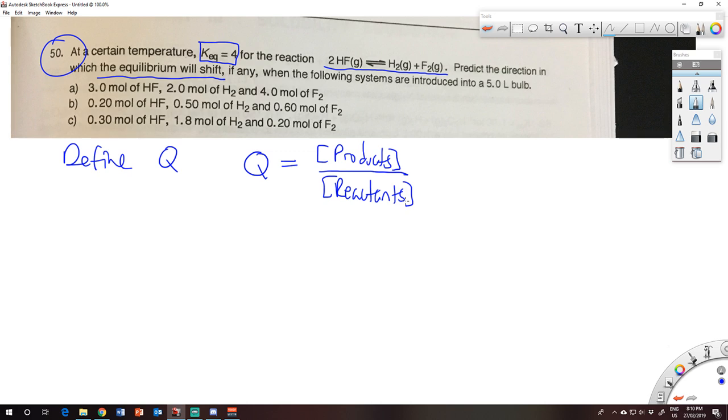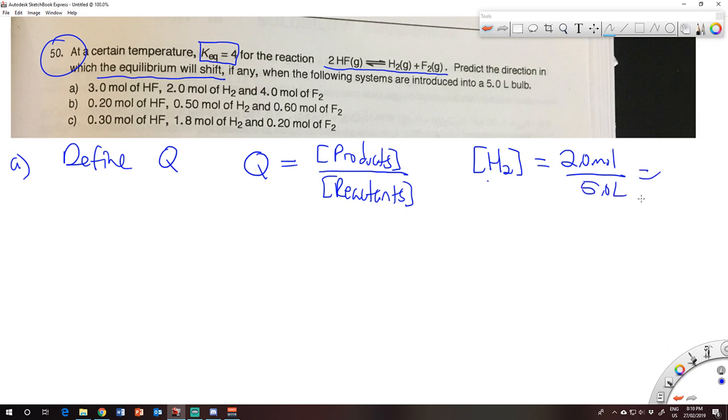So we'll have to calculate the concentrations. This is for A. The concentration of H2, which is 2 moles over 5 liters, gives me 0.4 molar.